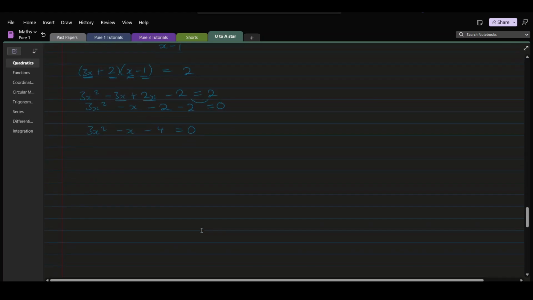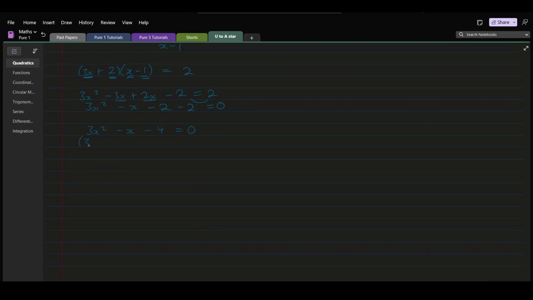Now let's see if we can factorize our quadratic. We have 3x and x is equal to 0. Let's put a 1 here, a 4 here. We want to get negative x. So we want to get a negative 4x plus 3x to give us the negative x.